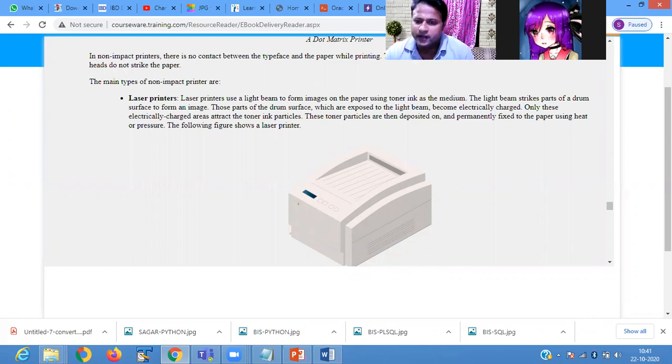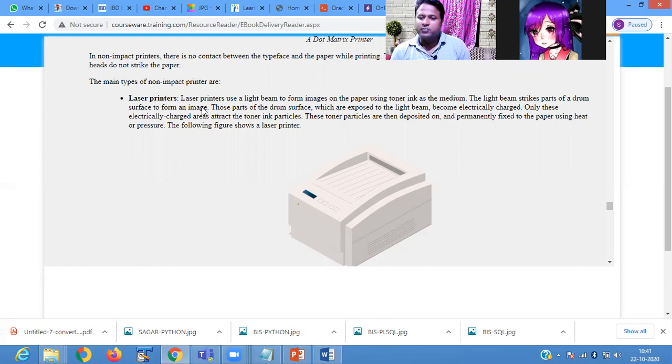So the laser printer uses a light beam. One light beam is passed. When you go for a Xerox, one light is passed, then you get your copy of that document. In a similar way, a laser printer uses the light beam to form an image on the paper using toner ink as a medium.